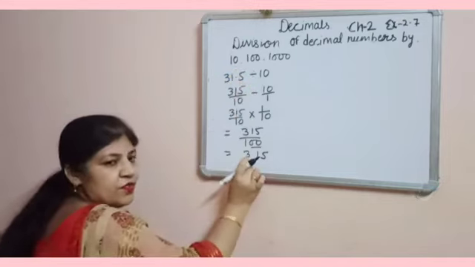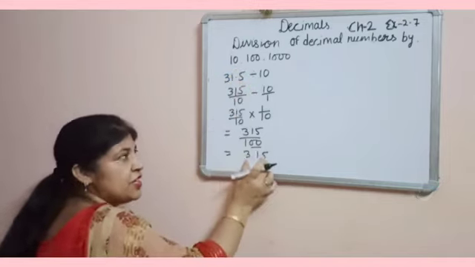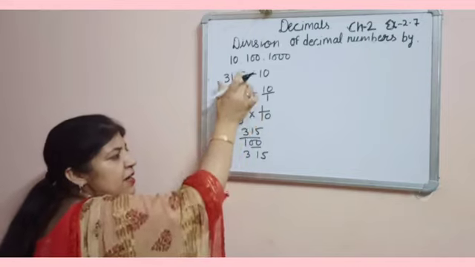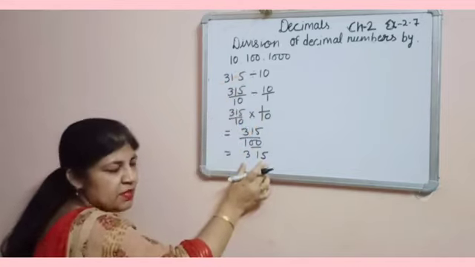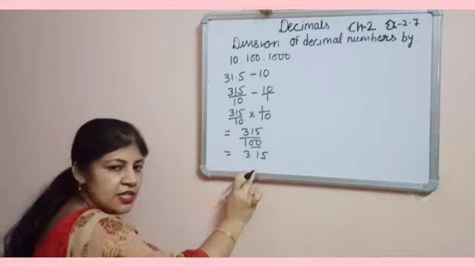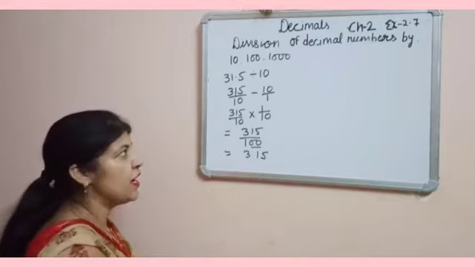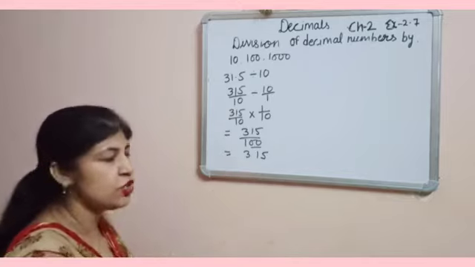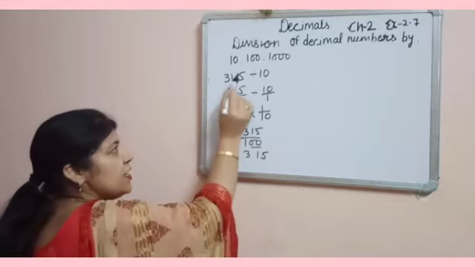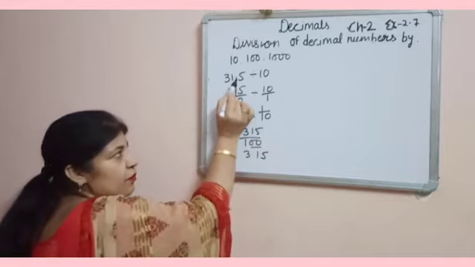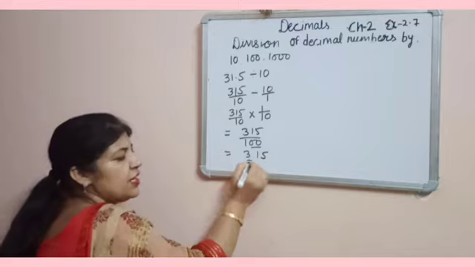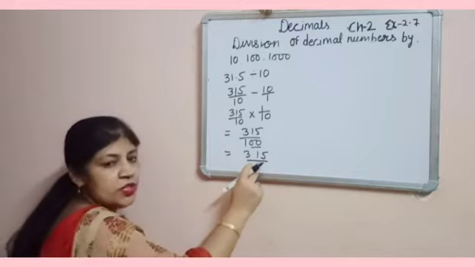It means decimal has been shifted, but the digits in the decimal number and in the answer, means in the quotient, are same, 315. Only difference is in the position of decimal. Now here the decimal is after 1 digit and now here the decimal is after 2 digits.